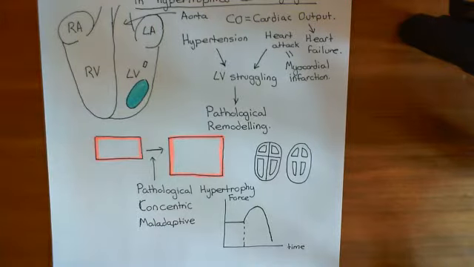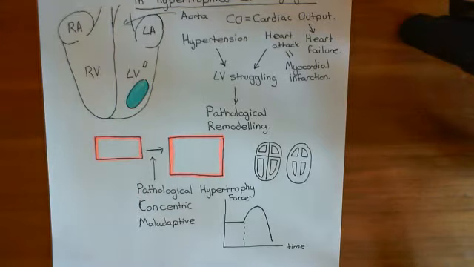And once that crosses the threshold where it's no longer capable of pumping enough blood from the venous to the arterial side to meet the needs of the body, then you've got heart failure or cardiac failure. Cardiac failure is when the heart is too weak to pump enough blood around the body in a minute to meet the needs of the body. So the heart is failing the rest of the body.